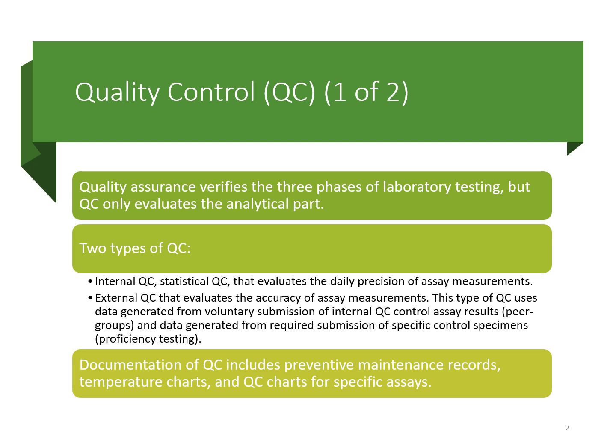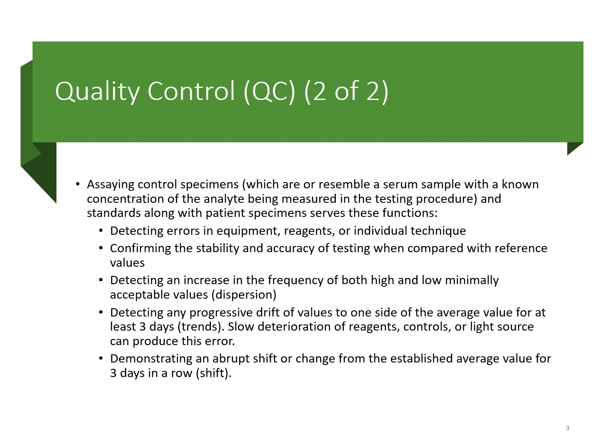Documentation of all of your QC is going to include things like preventative maintenance, temperatures, any sort of QC charts, any sort of error documentation. All of that is going to be included in your QC policy, procedure, and documentation. So quality control itself is going to test your particular test methodology for that particular analyte.